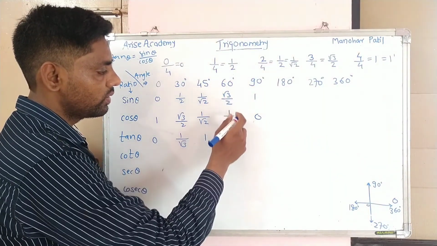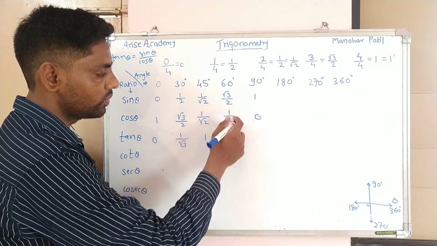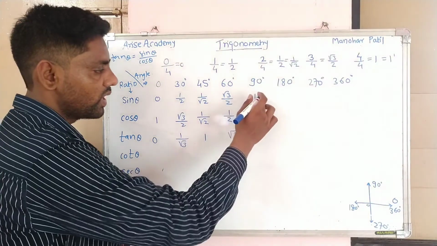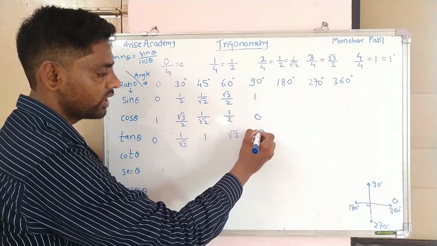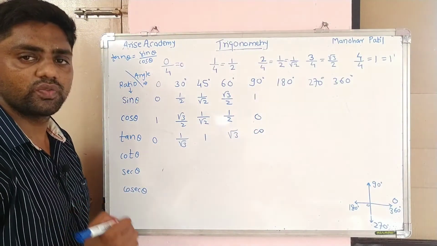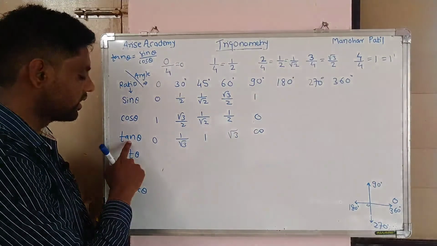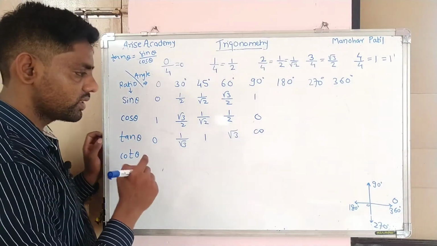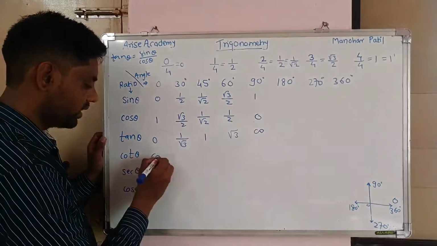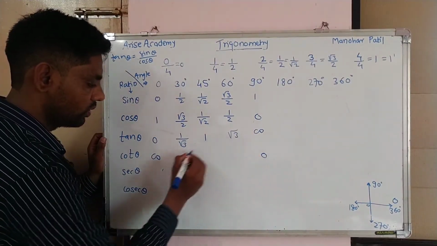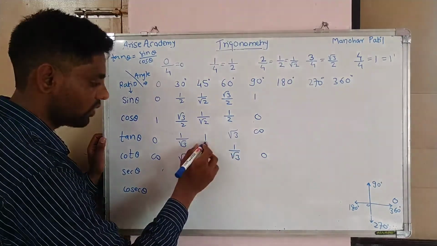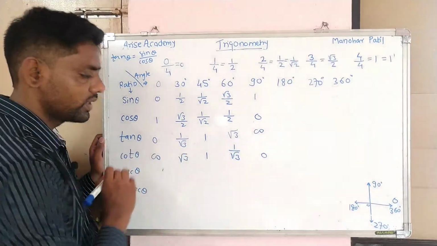Root 3 by 2 upon 1 by 2, the 2 gets cancelled, the answer is root 3, and 1 divided by 0 means infinity. Once you have the values of tan theta, for cot theta you just write them in reverse order: infinity, root 3, 1, 1 upon root 3, 0, and for 45 it is the same.